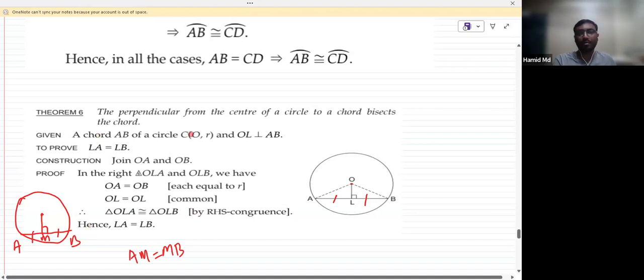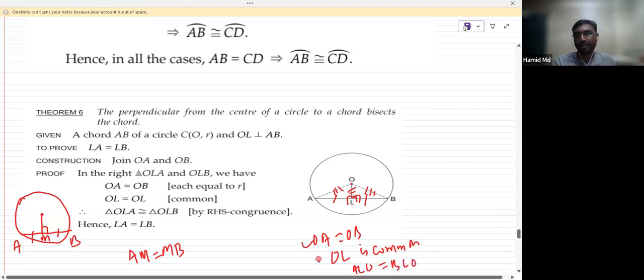So how will we prove it? We have to prove that AL is equal to LB, and we know this is the common side. Angle ALO is 90 and angle BLO is 90. So OA equals OB, and OL is common, and angle ALO is equal to BLO.